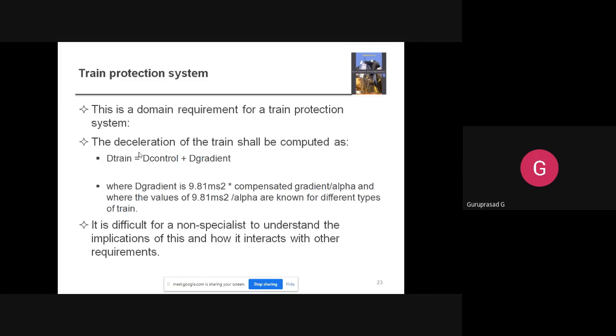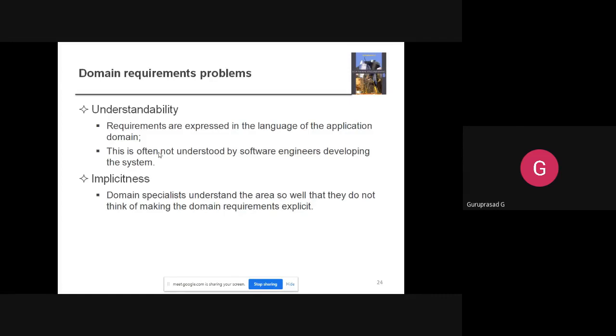Now, what are the problems of domain requirements? Understandability and implicitness. Why? Because the domain specialists understand the area so well that they do not think of making the domain requirements explicit, and requirements are expressed in the language of the application domain, so they are generally not understood by software engineers.